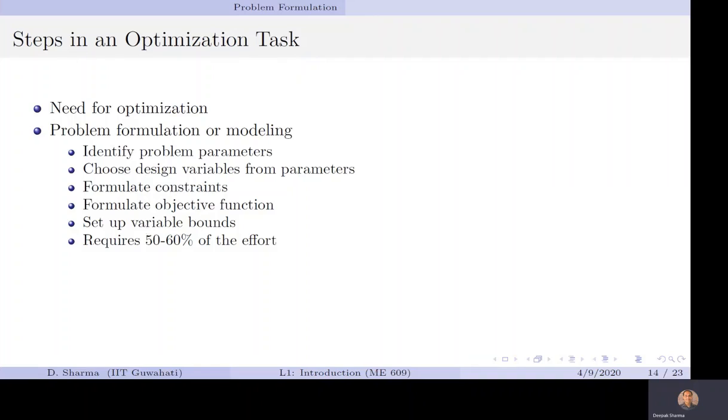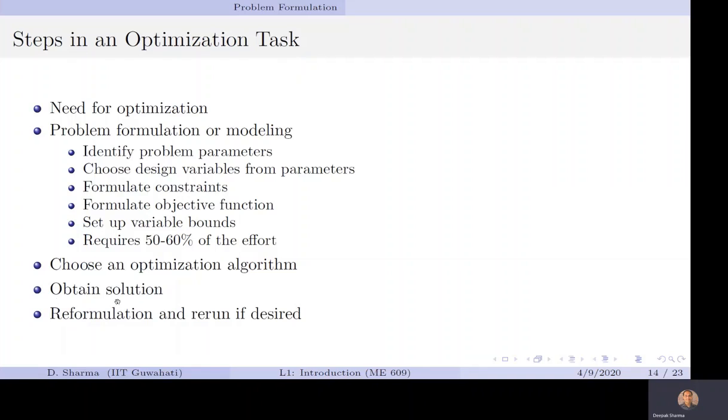If I'm working on a new problem, that work itself will require 50 to 60% of your effort. Once it is done, then we choose an optimization algorithm. So at the end of the course, you will be able to choose the algorithm based on the problem formulation and the characteristics of the problem formulation. Then we get the solution.